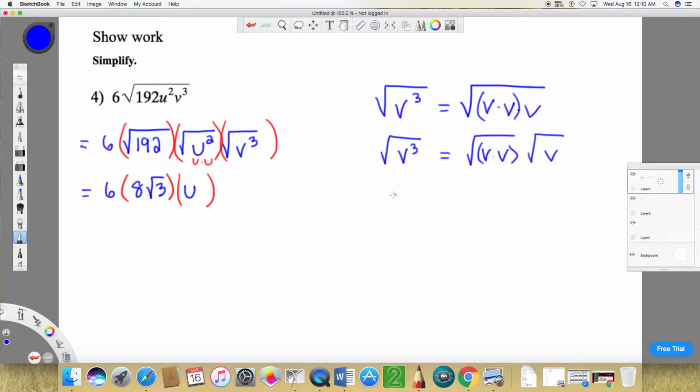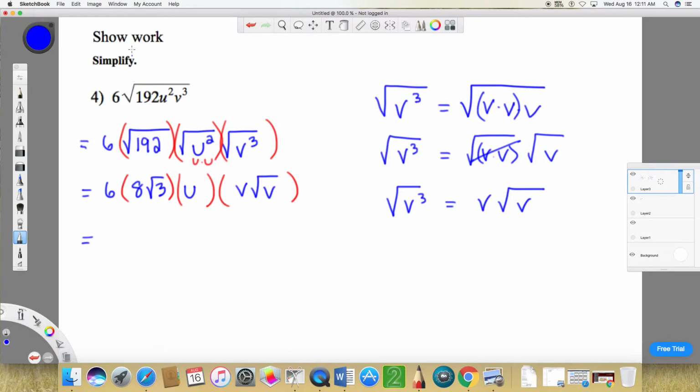And we can simplify that first one because you have a pair. This is v. Now, I don't have a pair of v's right here, so this stays the square root of v. So we come back here and we say, well, we can replace the square root of v to the third power with v times the square root of v.